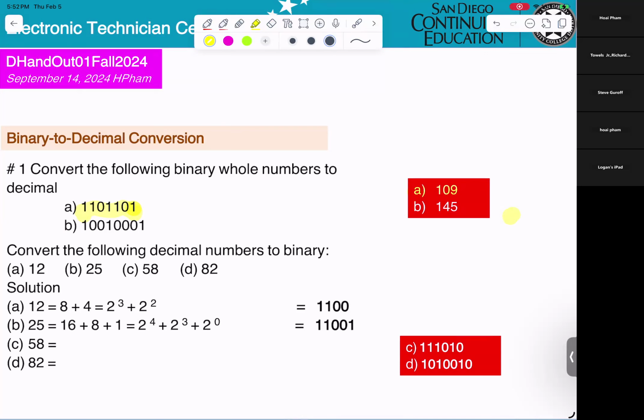Another one. Convert the following decimal number to binary. Decimal to binary. Like you get number 12. You convert it, and you get the answer here. And the next one. This number and this number, you have to try. This is giving you the answer here.